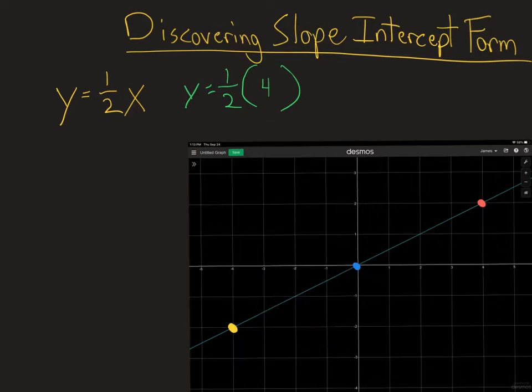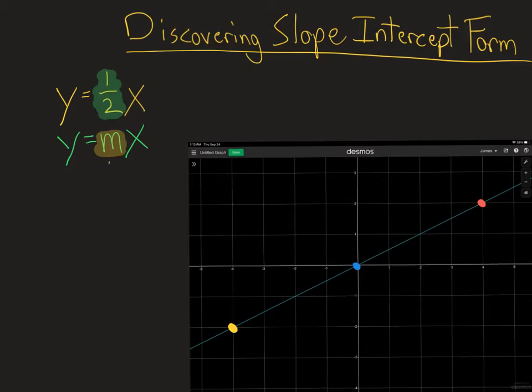Okay, now we're back to our beginning. What if we instead recognize that anything that's right next to x, whenever you're talking about linear equations, we've got the form y equals mx. And this spot right here, m, is any number that's multiplying with x.